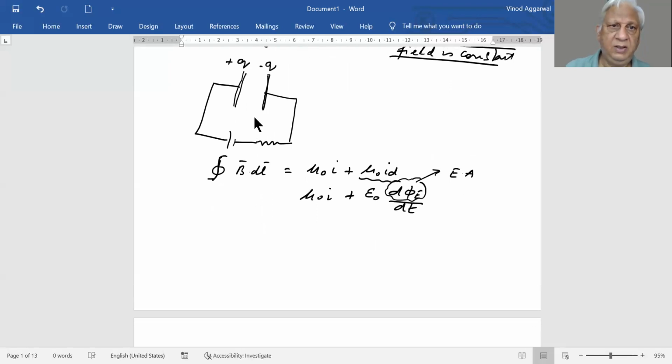Now, in a parallel plate capacitor, the current that flows here, this I, is called conductive current.